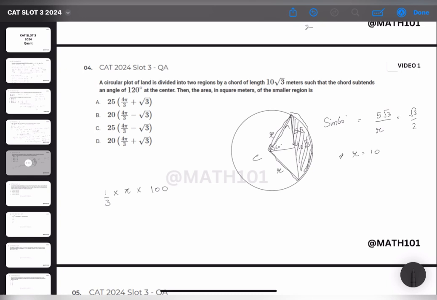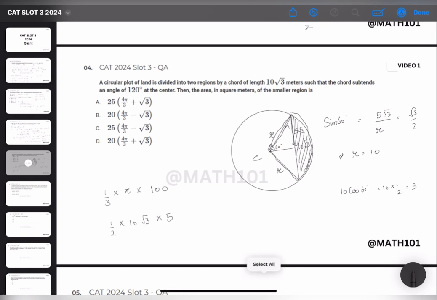And the area of this triangle simply becomes half into base. Base is the length of this chord, which is 10 root 3, multiplied by height. Height would be r cos 60 degrees, that is 10 cos 60 degrees, which equals 10 into half, that is 5.